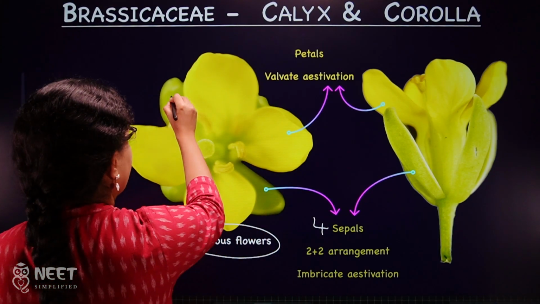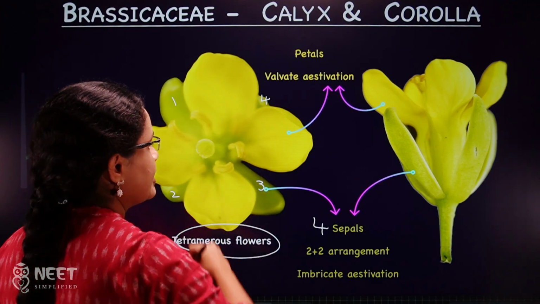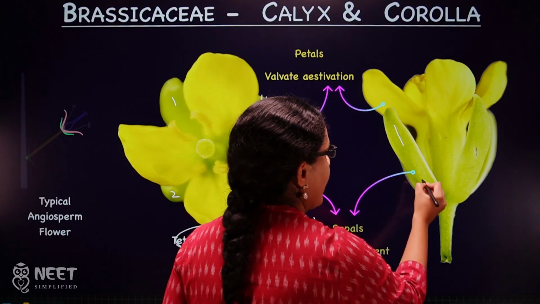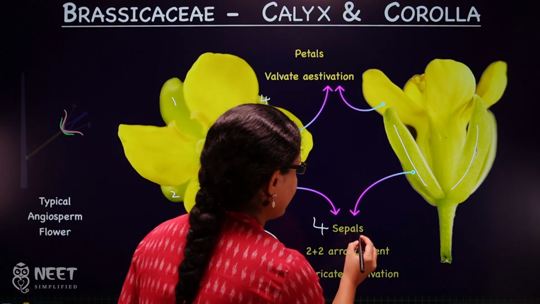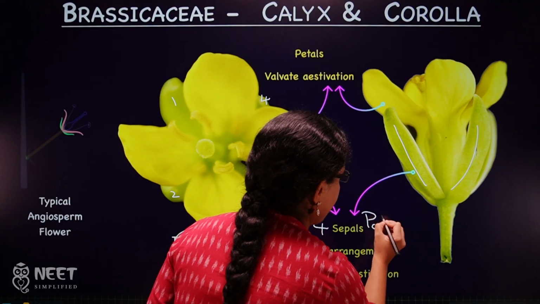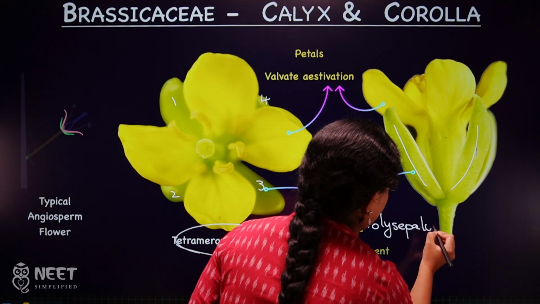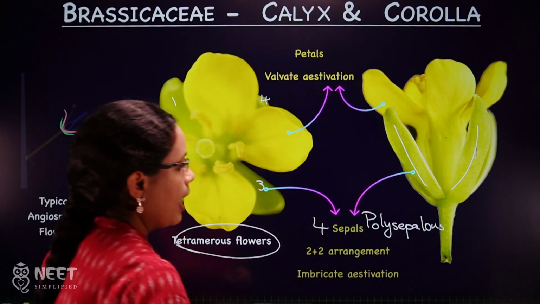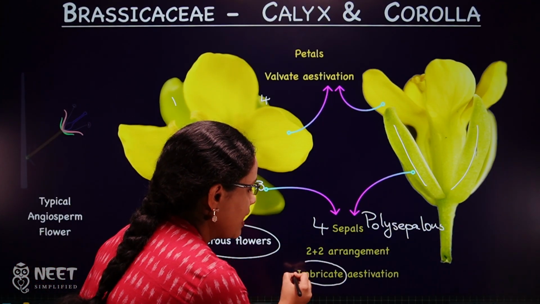Very clearly, we can see that here. 4 sepals, and also they are not fused to each other. That is also seen very clearly. So they are polysepalous in nature. Right. Now, coming to the estivation, it is called imbricate estivation.